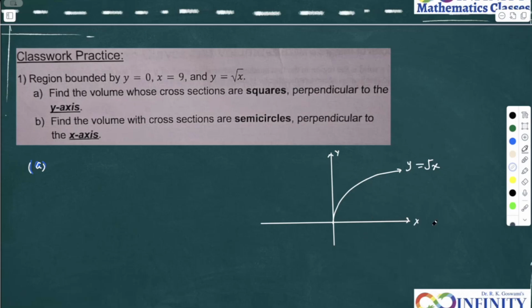Y equals 0 is nothing but the x-axis, right? X equals 9 is going to be the vertical line. This is going to be x equals 9 there. So I'm talking about this figure, and the cross section is perpendicular to the y-axis. So you can expect me to have a strip like this.